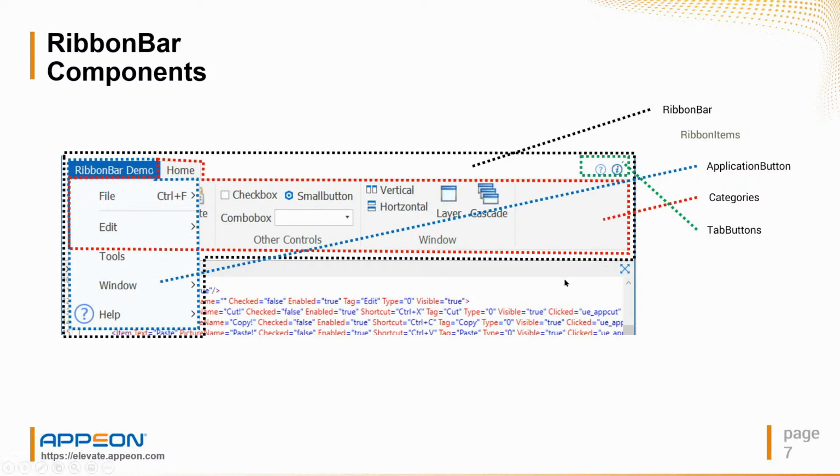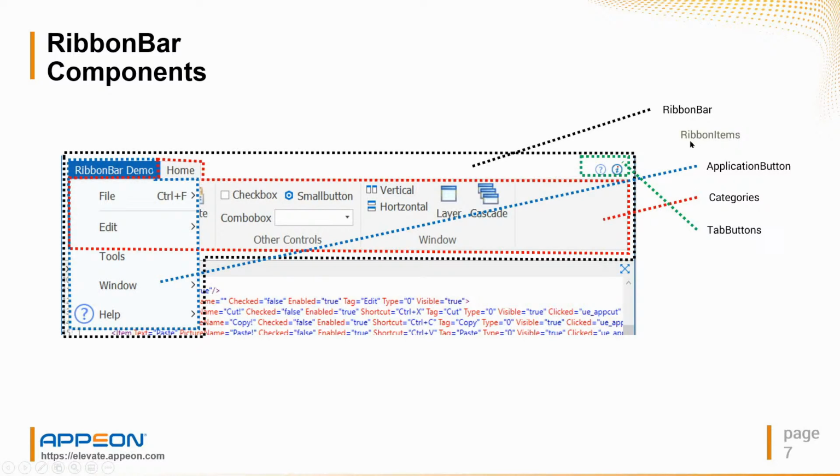The RibbonBar builder actually does a pretty good job of giving you some IntelliSense that will help walk you through that. But we're going to go over it anyway here. So the master, outside container is called RibbonBar.